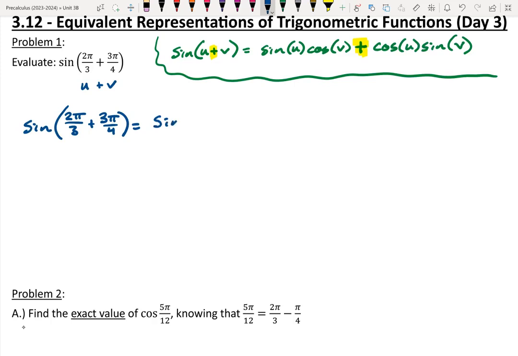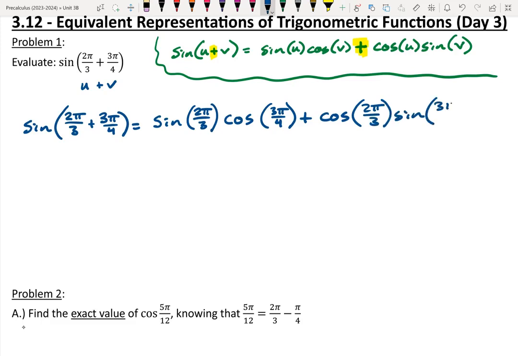So that will be sine of which value? 2 pi over 3, good. And then next we have cosine of v, so that'd be cosine of what? And then we add cosine of u, and what's u again? Which I wrote as 2 pi over 4 over there, so let me go ahead and fix that quick. 2 pi over 3, so that is 2 pi over 3. And then sine of, okay.